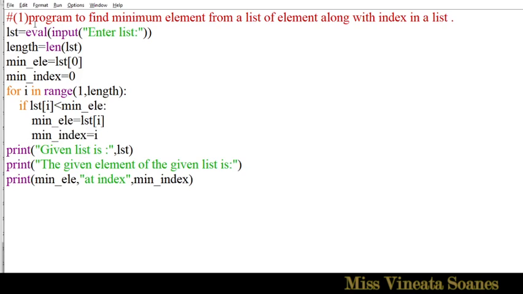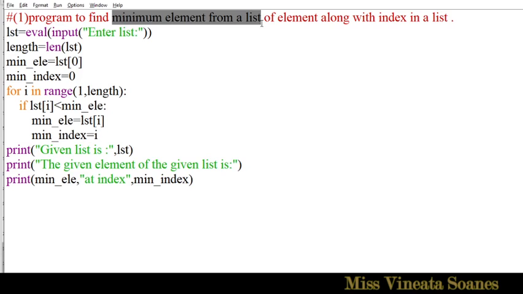Given list is LST. So you'll print all those numbers, the list, and then you're printing the minimum element from a list.